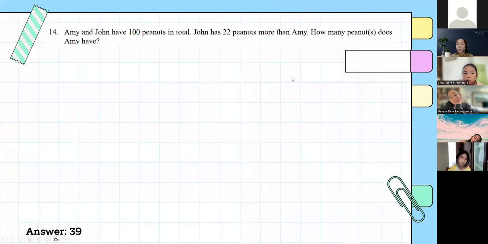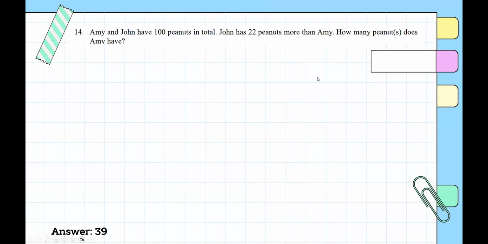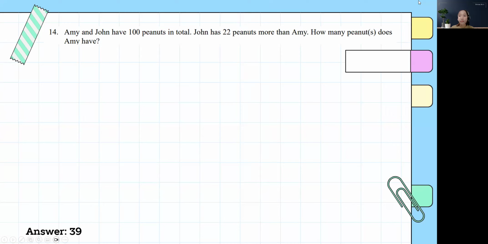For number 14, we have here: Amy and John have 100 peanuts in total. John has 22 peanuts more than Amy. How many peanuts does Amy have? All right. So here we have 100 peanuts in total.